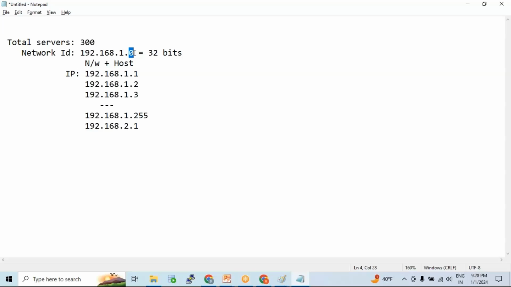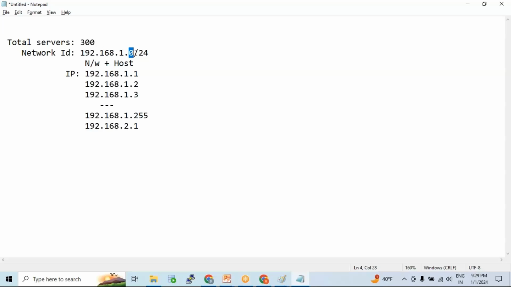Then this network ID can be notated in a shortcut by using a /24. So this network ID I can say is a /24 network. This is just a shortcut representation. This /24 shortcut representation will tell that in the given network ID, 24 bits are used for network identification.